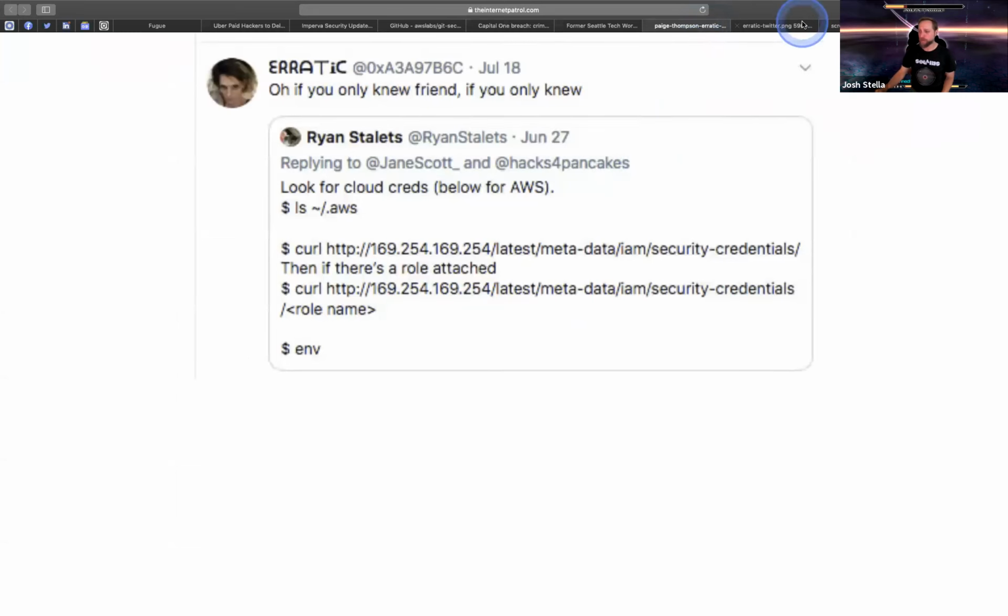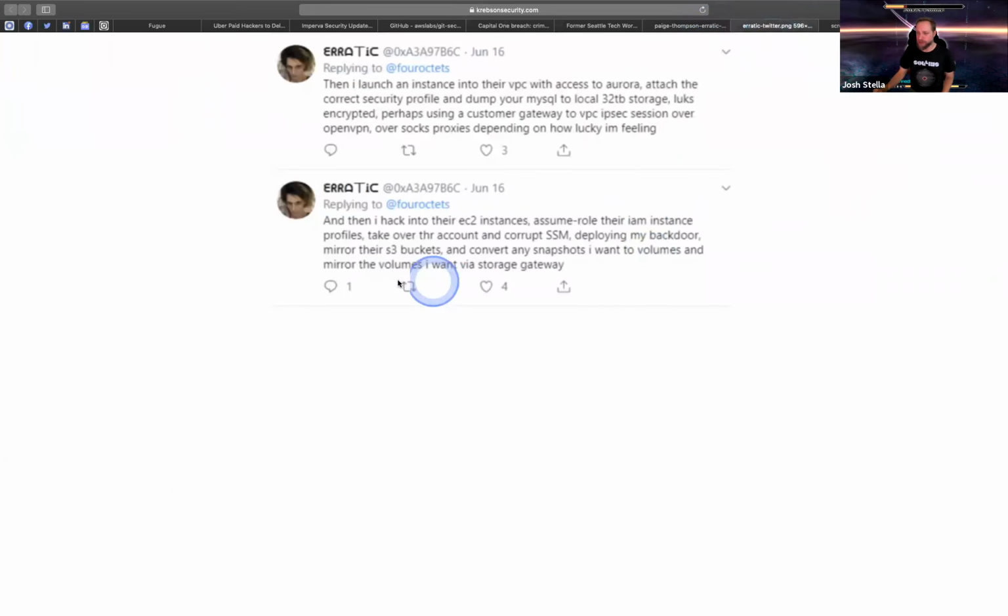So here we've got S3, mirror the S3 buckets, convert any snapshots I want to volumes. Okay, so snapshots can be converted to volumes, and mirror the volumes I want via storage gateway. And I'm curious if anyone has a theory about, look, we don't know that all these things were exactly done. This is what the hacker was posting to social media, bragging.